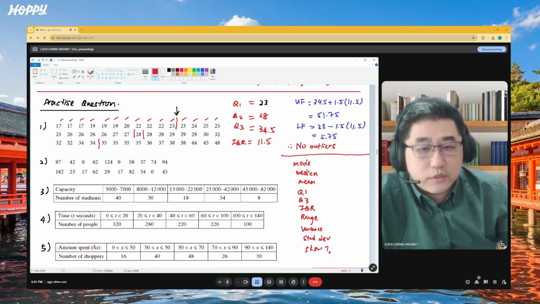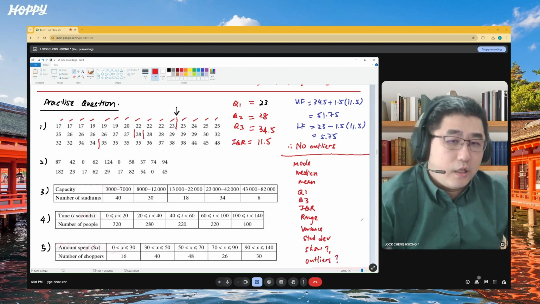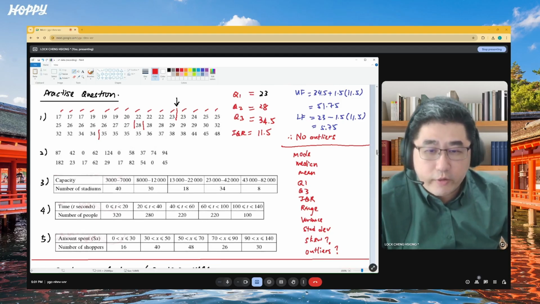What is the skewness and what are the outliers? If there is any, you can use this data here to help you identify. So that will be the practice question.